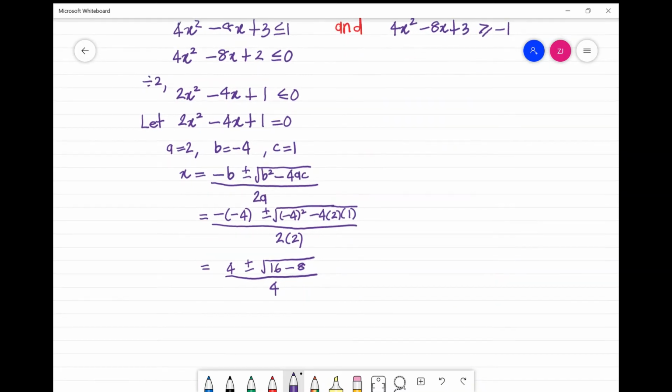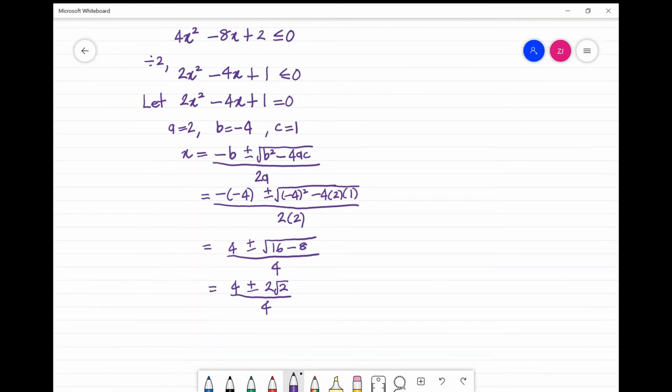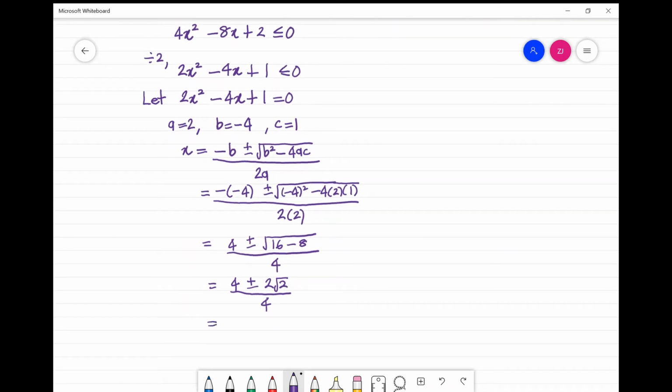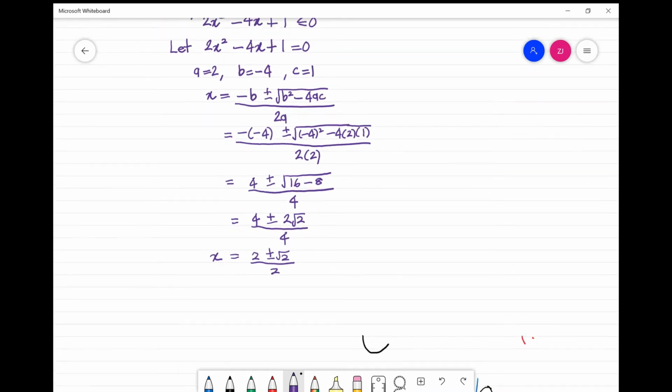Because 16 minus 8 gives us 8, the square root of 8 is 2√2. So we write down this 2√2 divided by 4. Then we divide this by 2, so we will have (2 plus minus √2) over 2. So these are the roots, hence we may now sketch the graph.